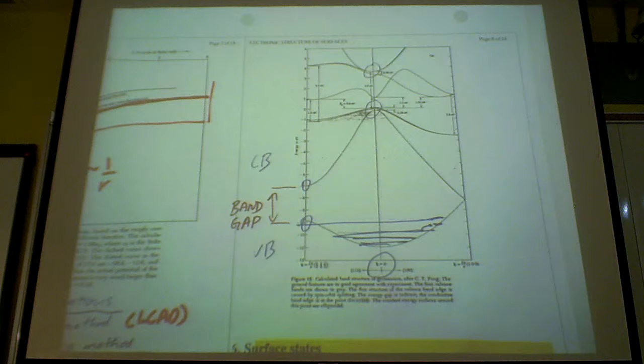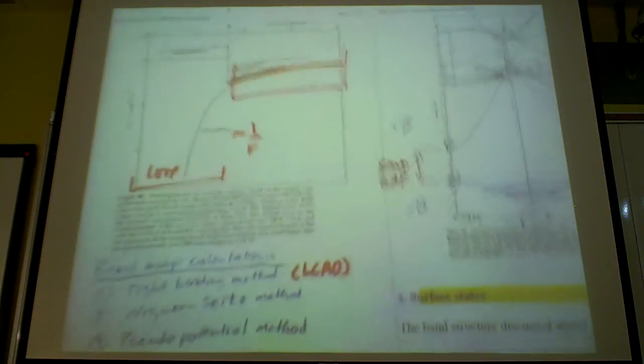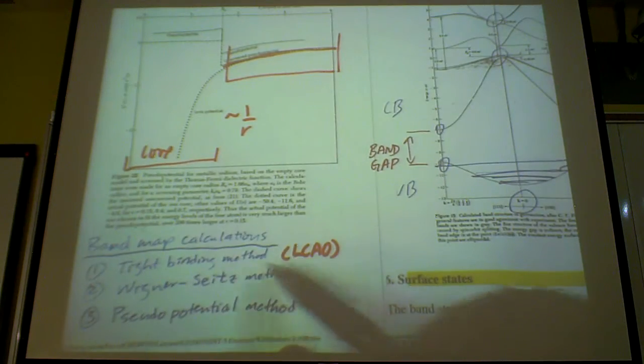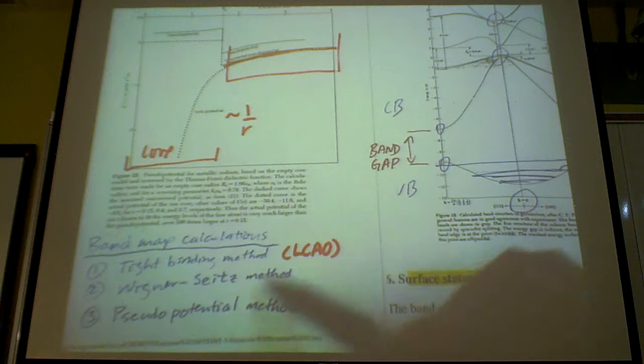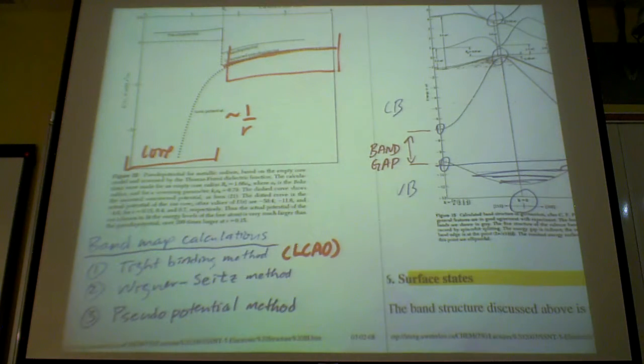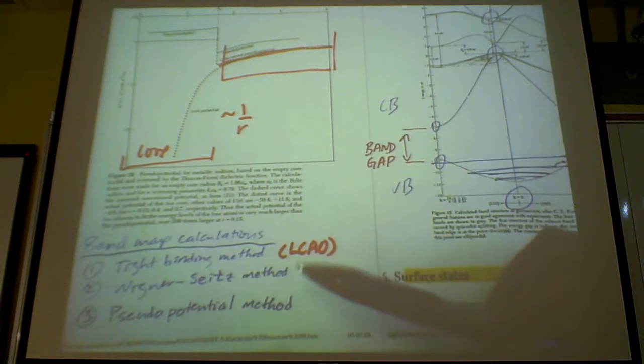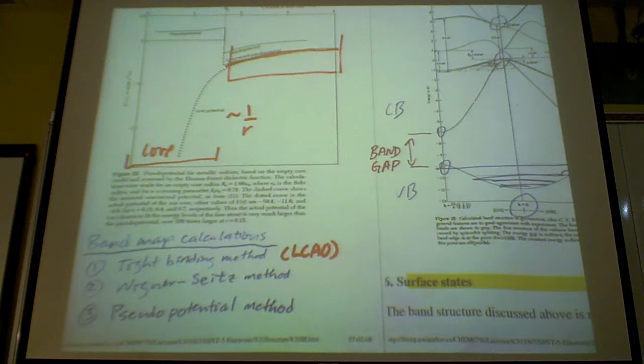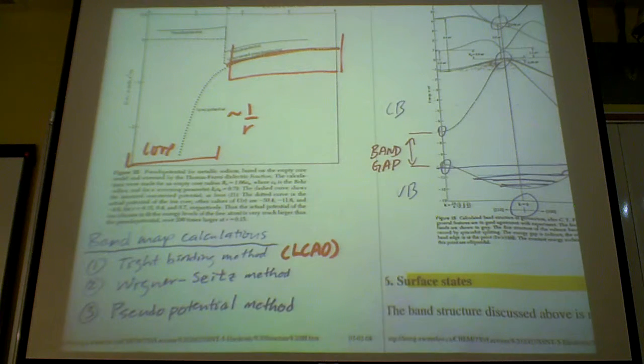Okay, so hopefully I can impress you with some of these calculations. You will not be asked to do them. You should know the qualitative nature of this method. But of course, it's very involved. If you take a real solid state physics course, then Michelle could probably teach you how to calculate these things.